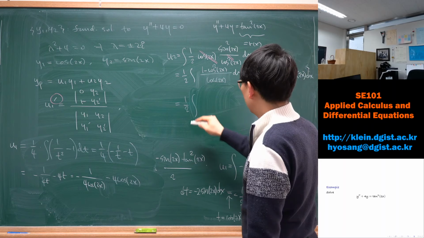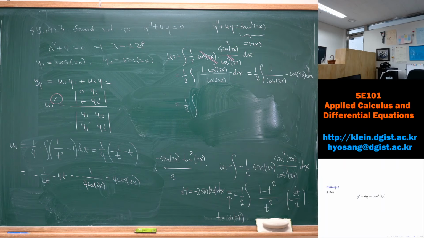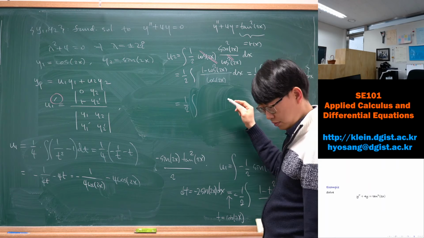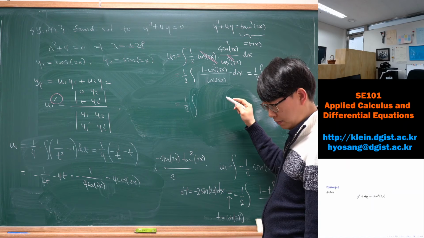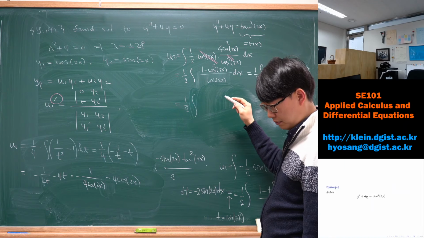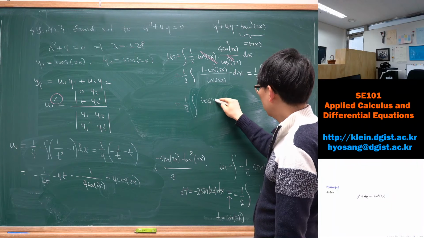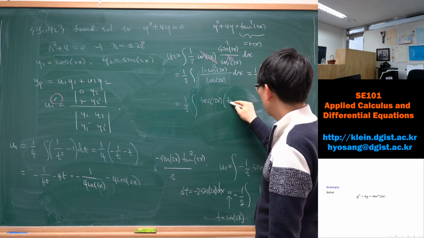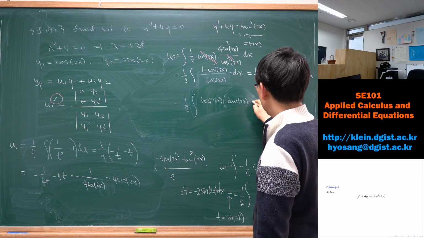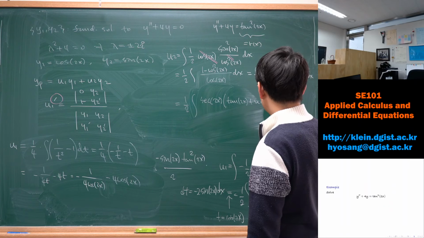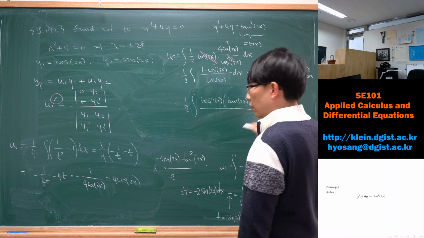We have to multiply something on the numerator and denominator: secant 2x times tangent 2x plus secant 2x.